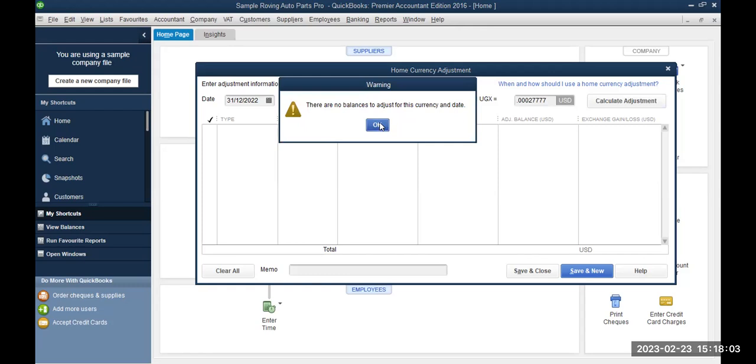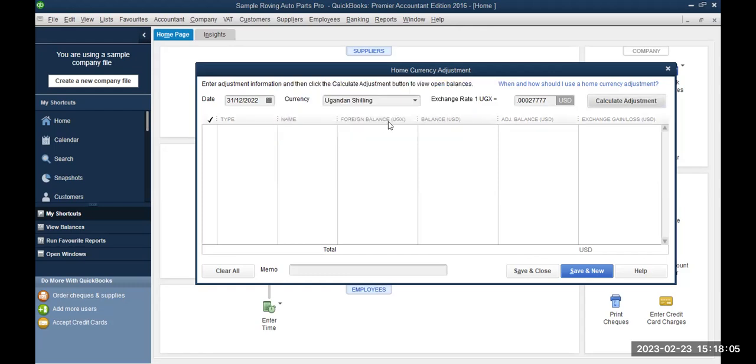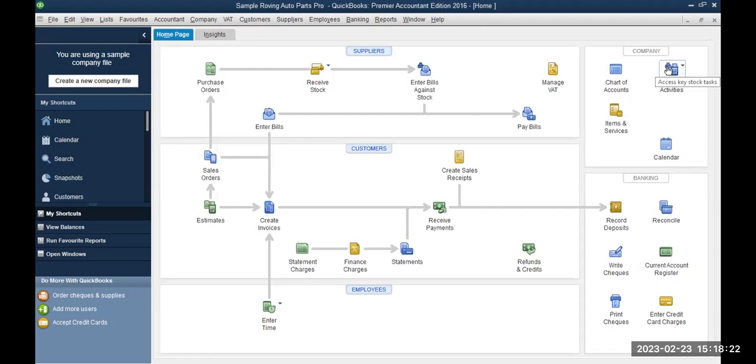Once you calculate the adjustment, what will happen is it will pass a journal, okay? It will pass a journal into the system, depending on whether it is a loss or a profit. It will pass a journal in your foreign exchange gains and losses account in the P&L. Okay, so yes, remember to do your currency revaluations before the end of the year. Okay, that's the year-end procedures for you.